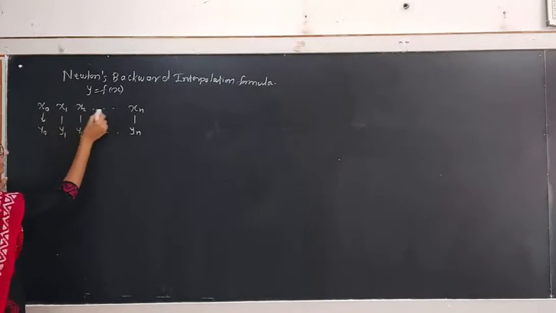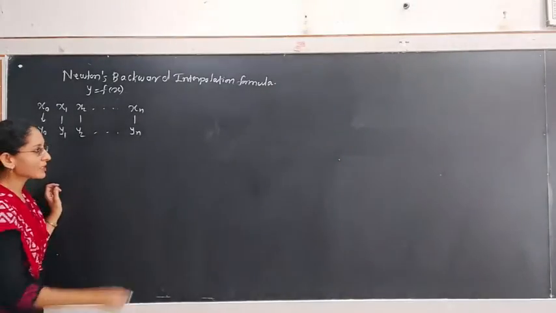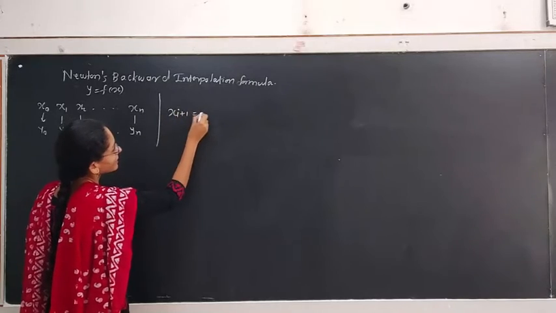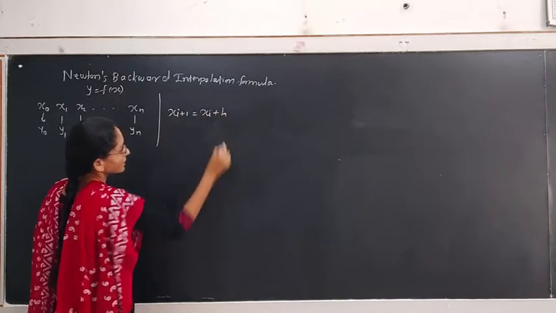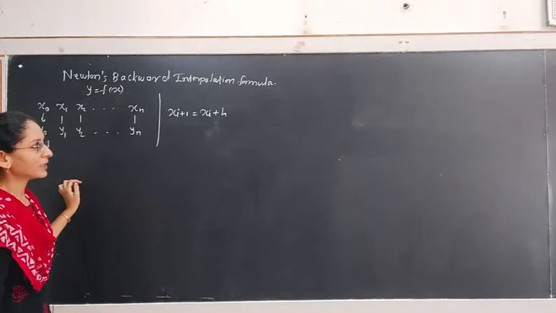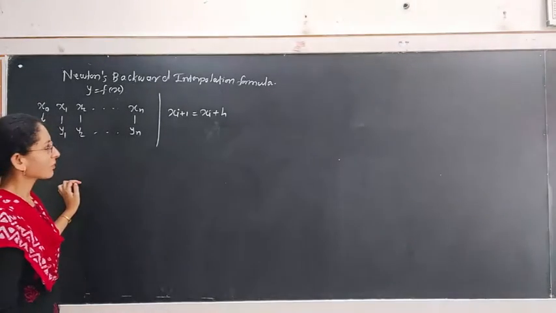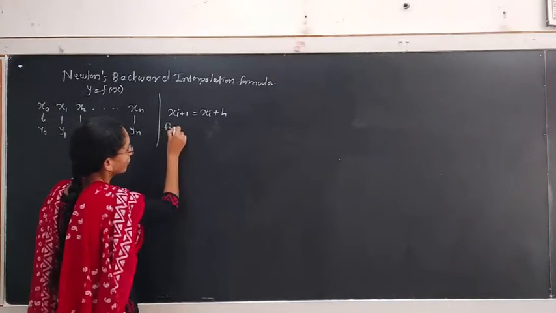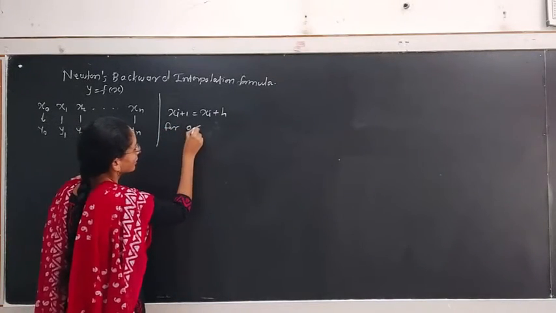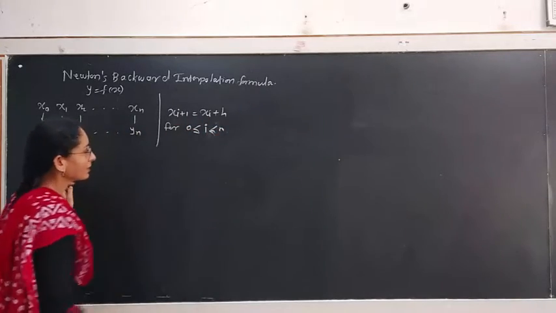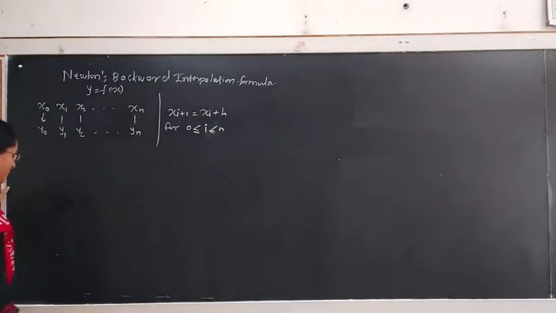These values of x are equally spaced, that is, in general xi plus 1 is equal to xi plus h, where h is the difference between any two consecutive values of x. For 0 less than or equal to i, less than or equal to n, we obtain the values of x by using this formula.